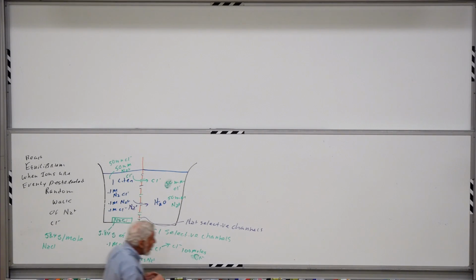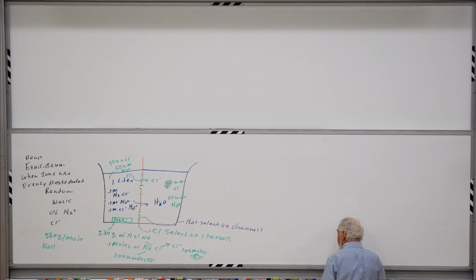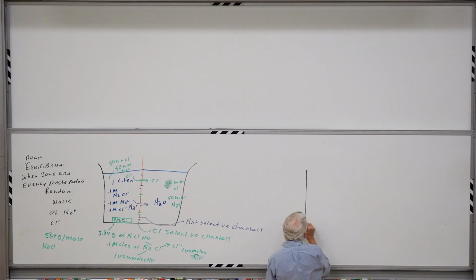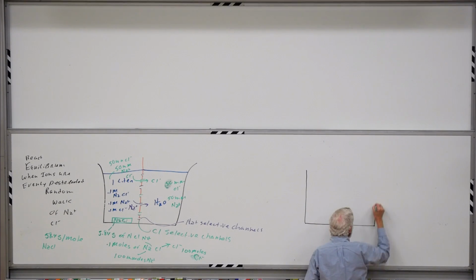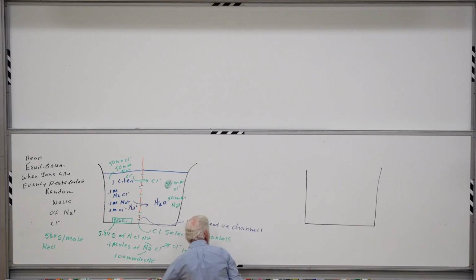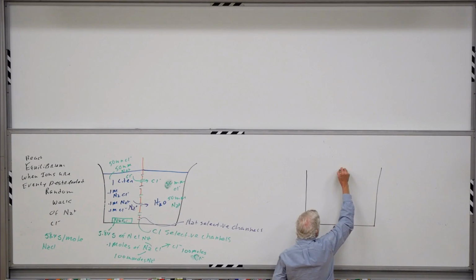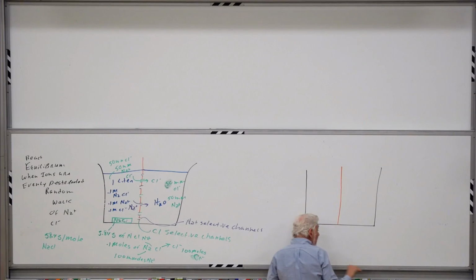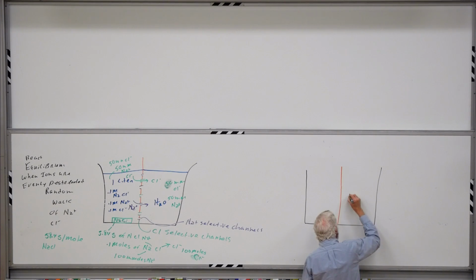Now, over here, we're going to change the story just a little bit, but we're going to have the same drawing. We'll start with the beaker, and again place in the middle of the beaker this barrier. On the right-hand side of the barrier, we'll have pure water.